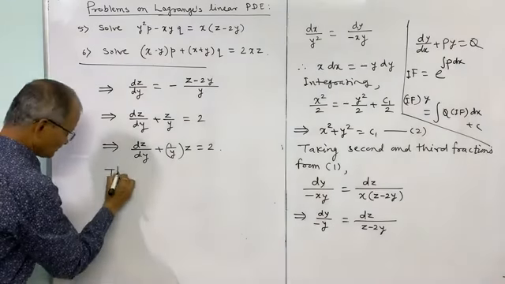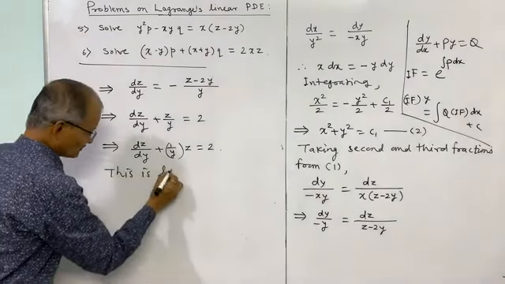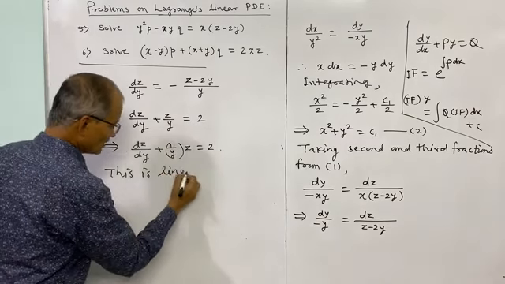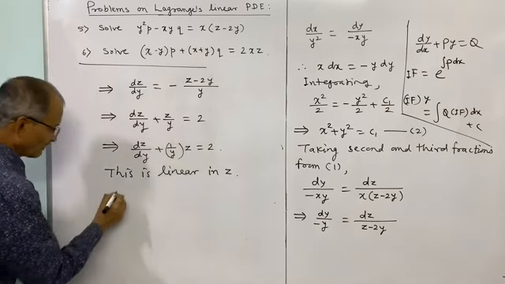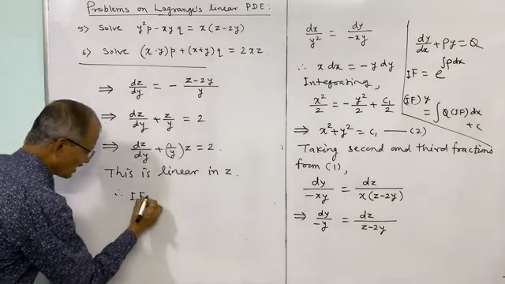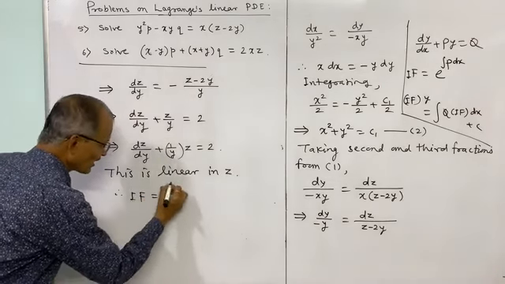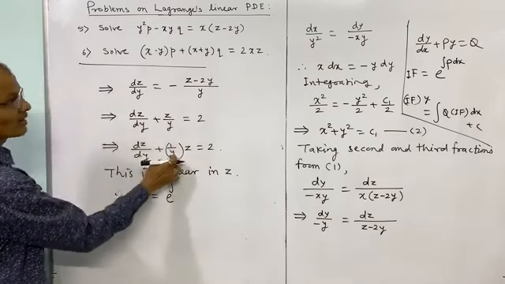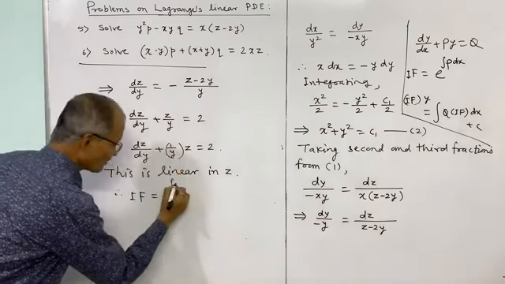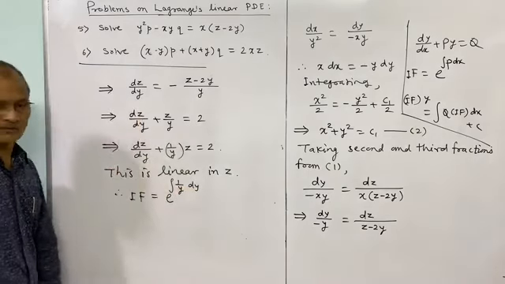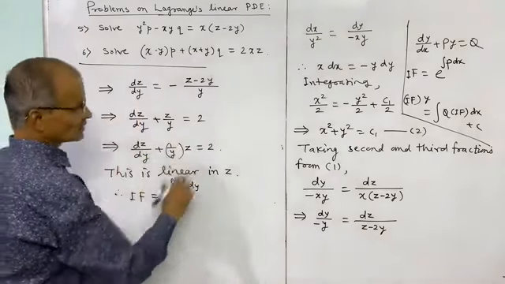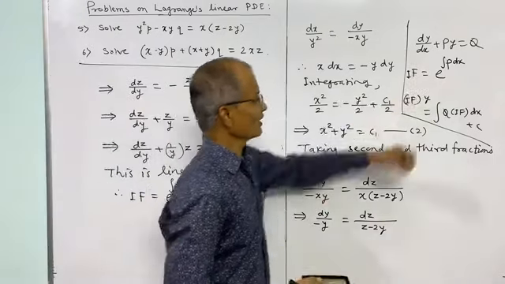This is linear in z, and therefore its integrating factor IF is equal to e to the power integral, what is p, it is 1 by y in comparison, 1 by y into dy, the independent variable is y. So this is the change you should note in variables.